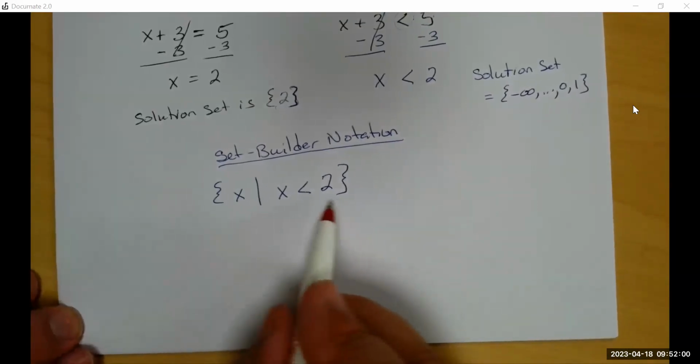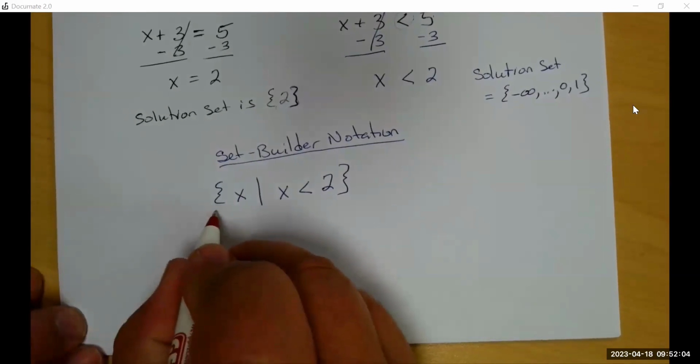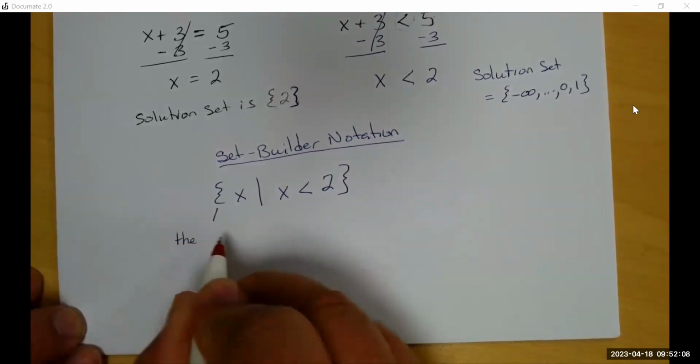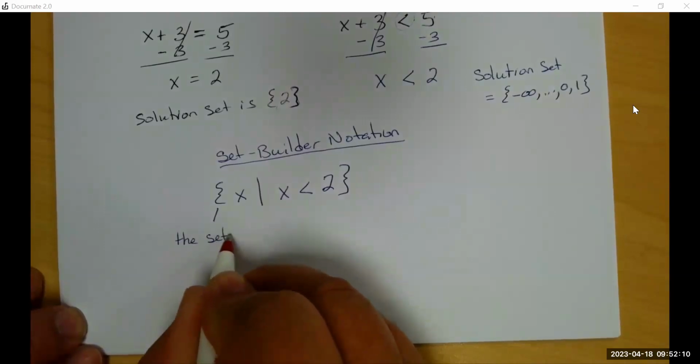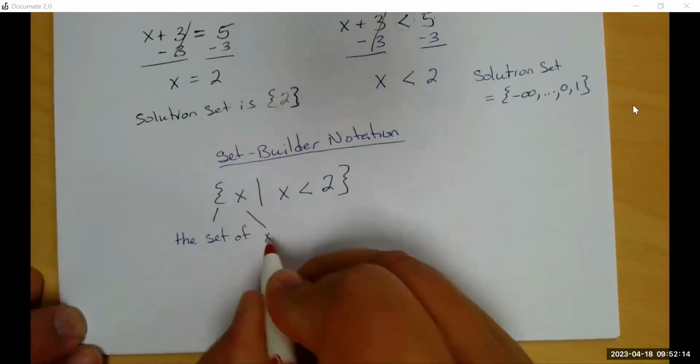The way this is read, that squiggly line means the set of x.